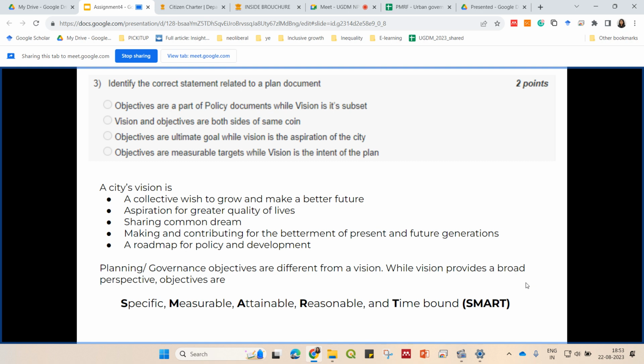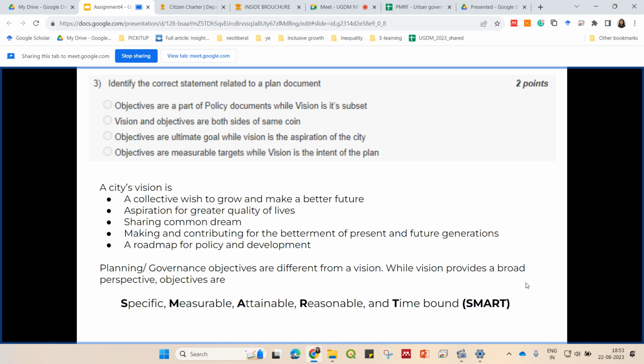Measurable, you can measure what the objective wants to achieve. So, going back to the road infrastructure, so n kilometers of road or n number of bridges should be made at this part.